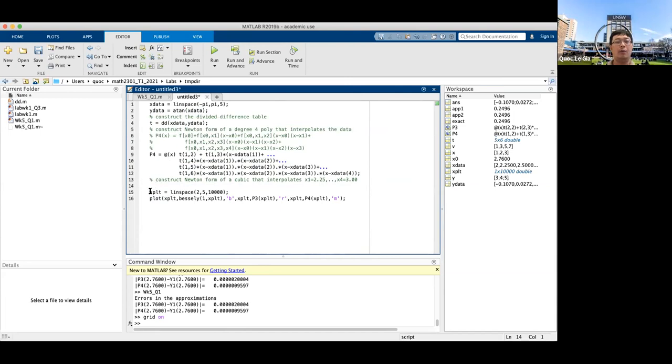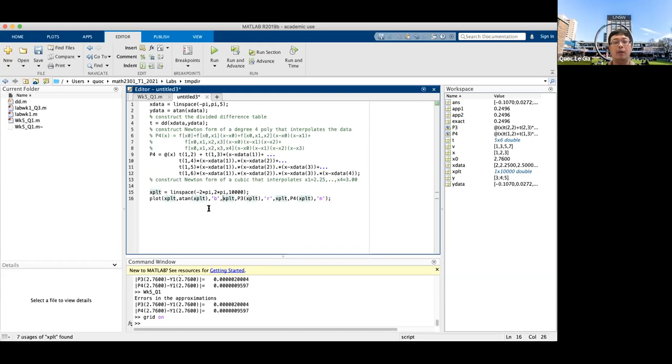And now we need to plot. The range will be from minus 2 pi to plus 2 pi. And now we need to plot only the arctan function, arctan of x, plotted in blue.